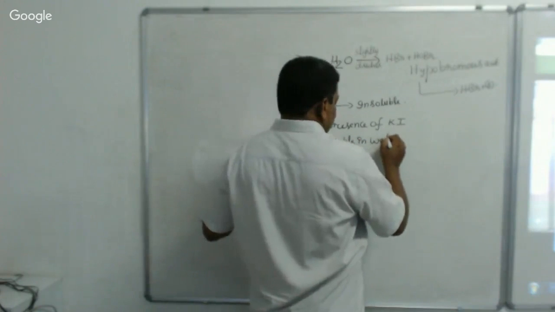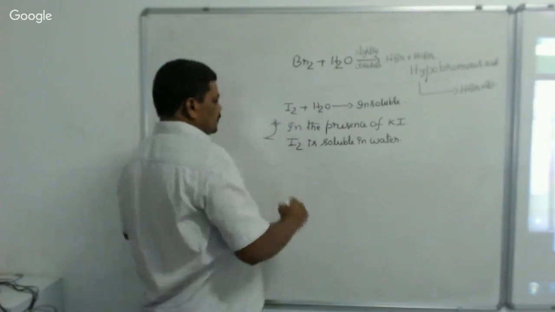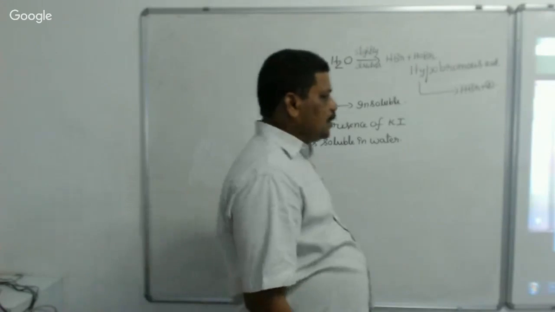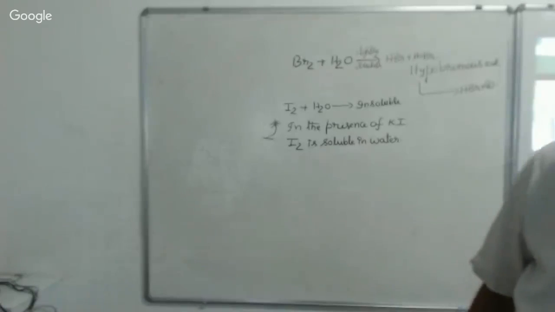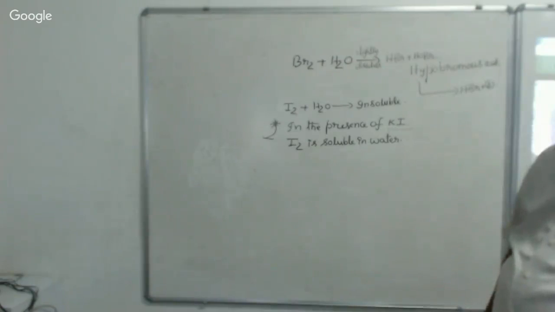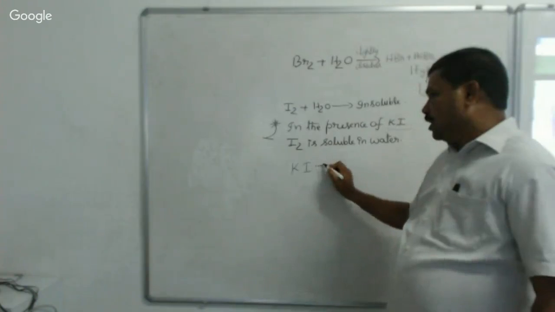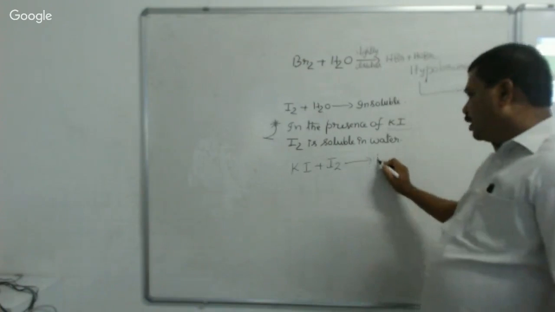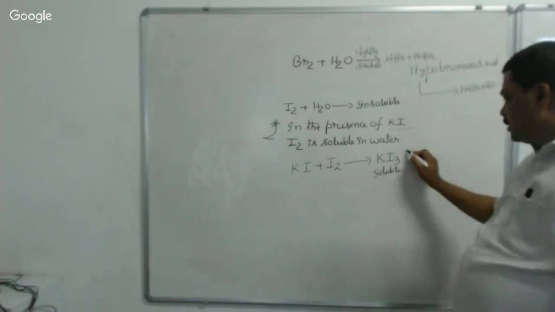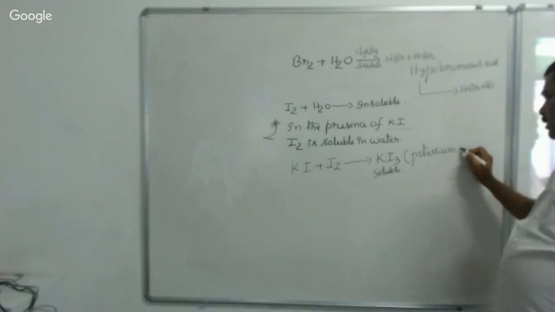This is very important, put an asterisk. The solubility of iodine in water is enhanced in the presence of KI. Then what is the reason for it? KI and iodine react and form a water soluble compound called KI3, potassium triiodide.